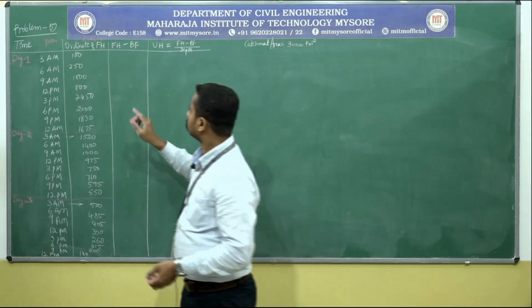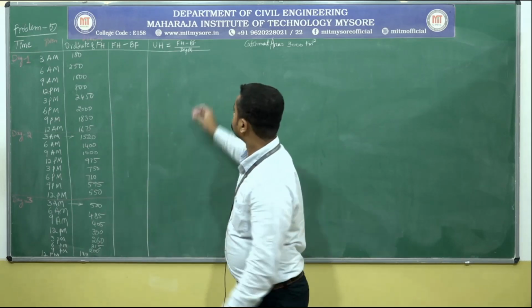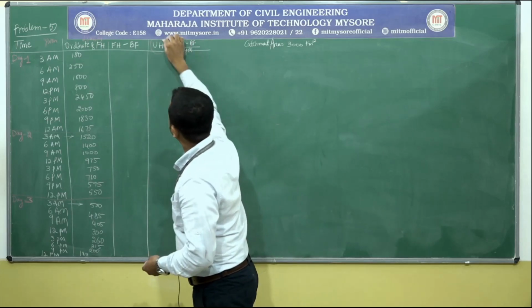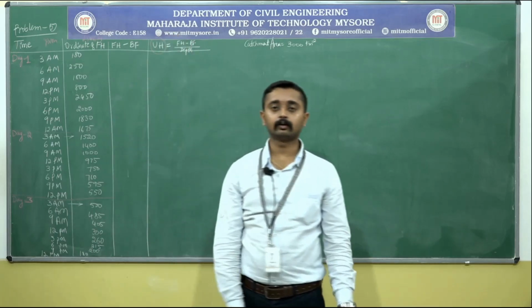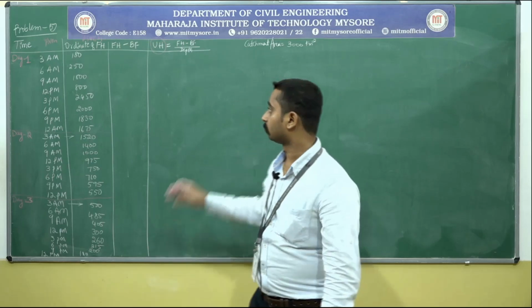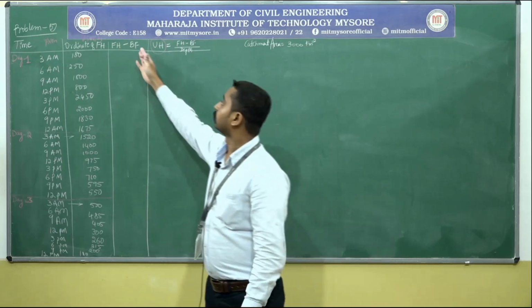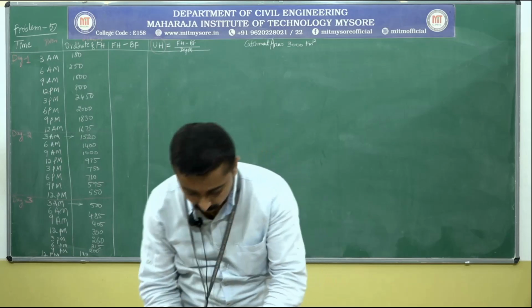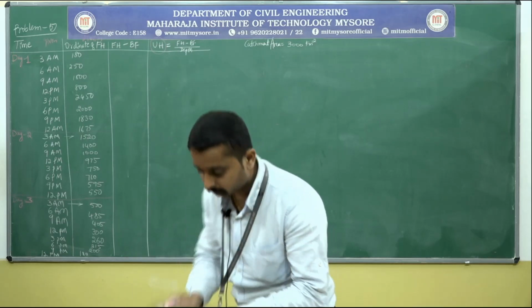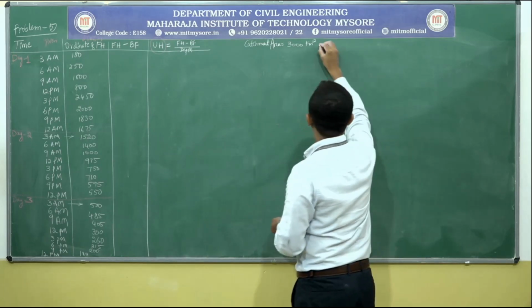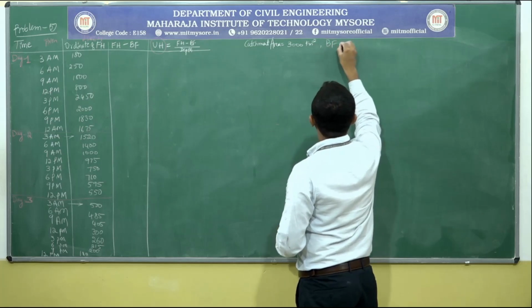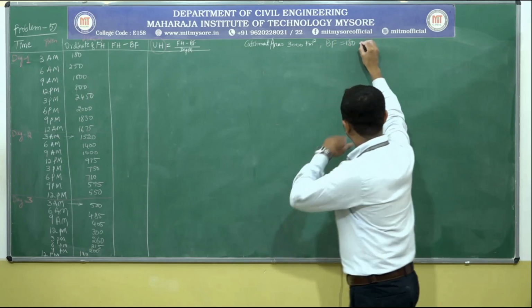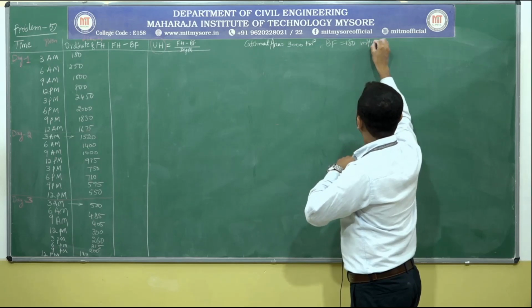Now, in this problem, we need to calculate the unit hydrograph. The specialty of this problem compared to the previous one is that base flow is also given. Base flow is 180 cubic meter per second.